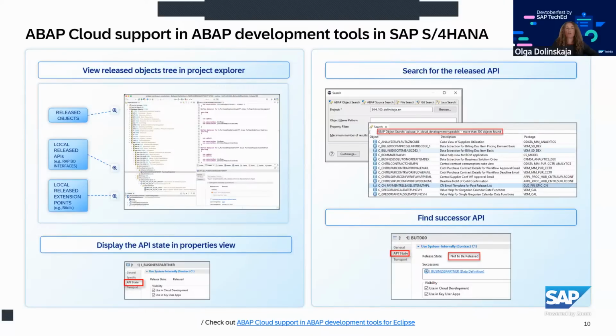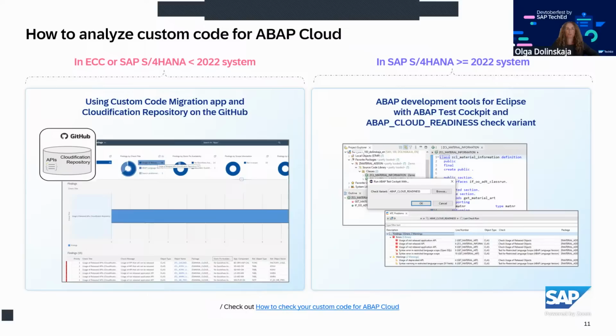So we are now talking about ABAP Cloud development, and of course there are certain use cases where you need to analyze your custom code for ABAP Cloud. For example, if you want to transform an existing use case in the direction of ABAP Cloud, then you need to analyze your code for ABAP Cloud with cloud readiness checks and then adapt your code to ABAP Cloud.